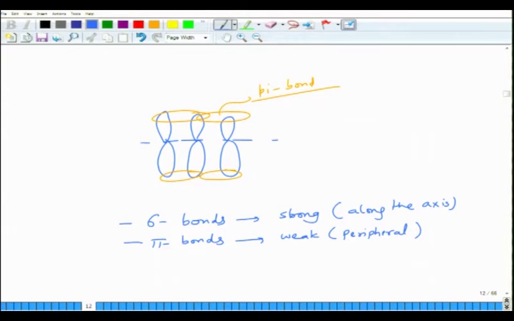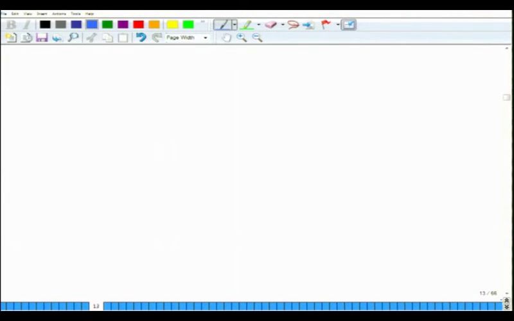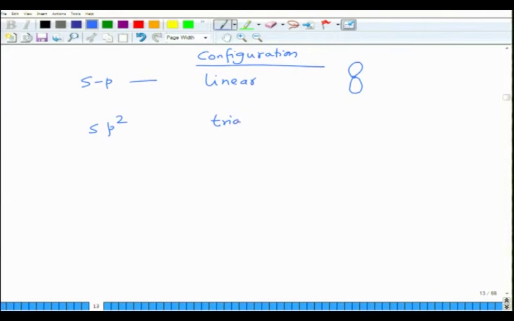All right. Typically, if you have sp hybridization, then the configuration will be linear. If I write the configuration, sp will lead to a linear configuration. It would be something like that. If you have sp2, you will have triangular, things like this, and these angles will be 120 degrees.